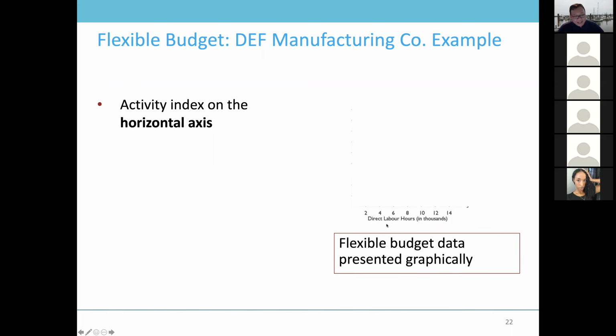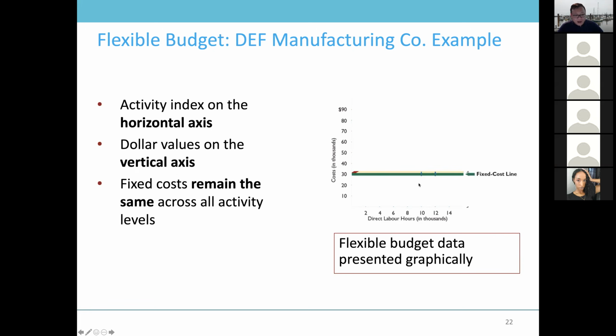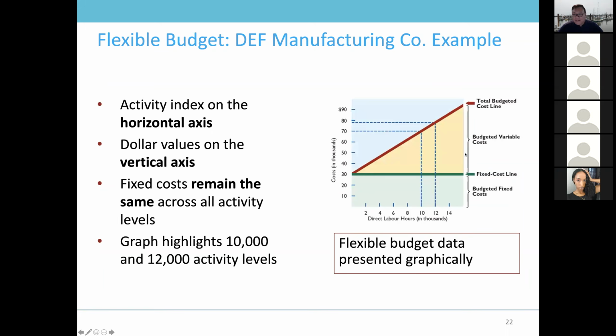So you can see that this is the horizontal axis, right? And then the dollar value is the vertical axis. And then you have a fixed cost. That's the straight line across all these activity levels. And then you have this picture, right?